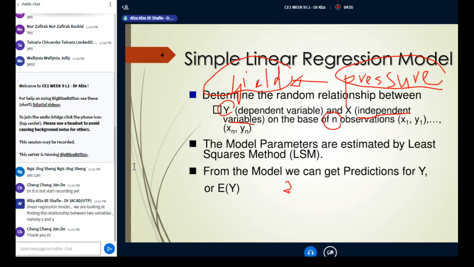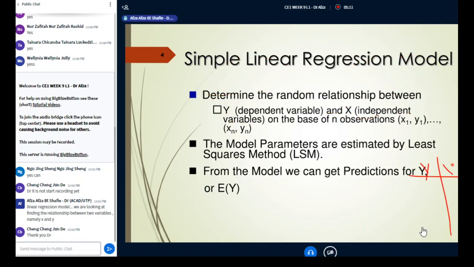Okay, let's say your yield is Y, so you basically have data that looks something like this. You have your Y and you have your X. So let's say your yield is 20 kg, for example, at a pressure of, let's say, 100.